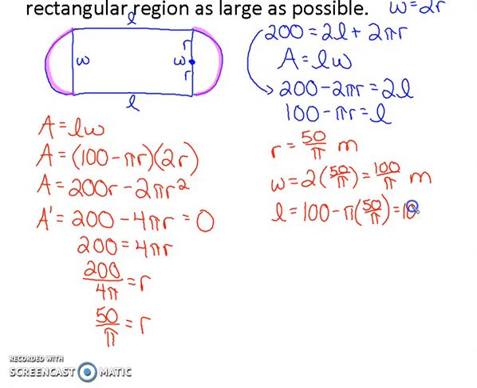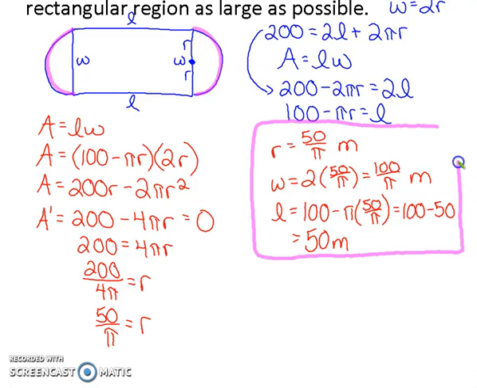So my pi's are going to cancel, and the length of the track needs to be 50 meters. And again, with multiple answers, write them all together, and put them in a box or make them stand out somehow.